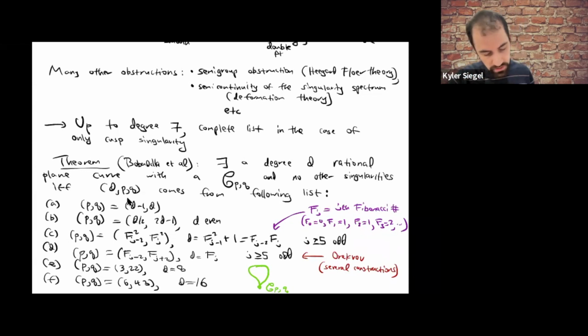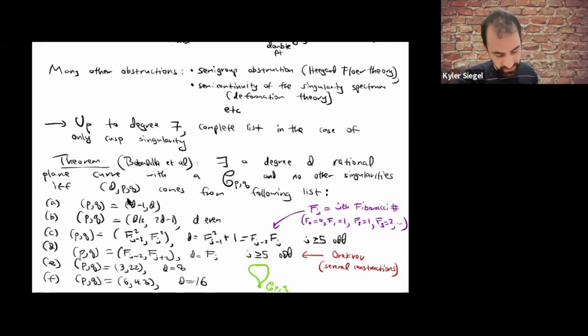But in that situation, they give a complete list of the possible values of P and Q that can arise, and D. The precise form is not so important, but there are about 6 different families. Well, the last 2 are just a single curve, but the first 4 are families of curves.